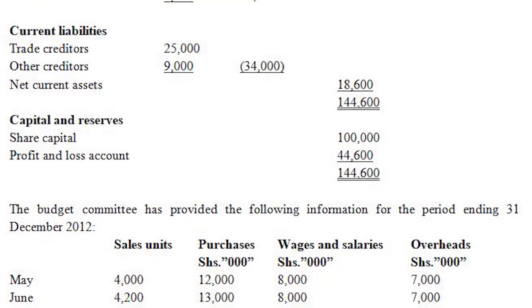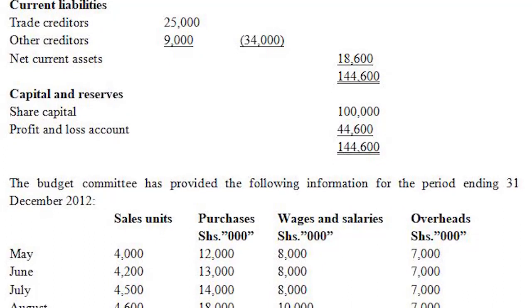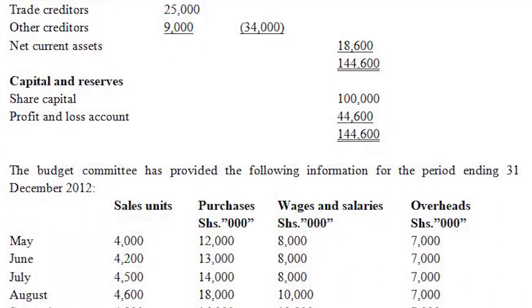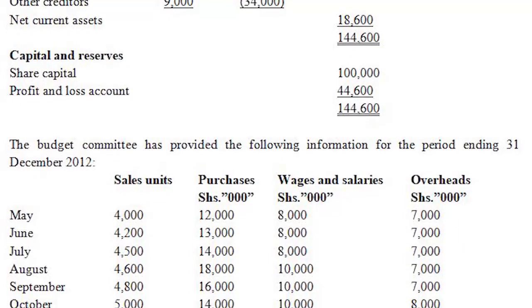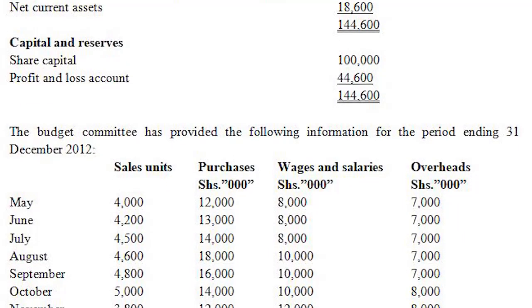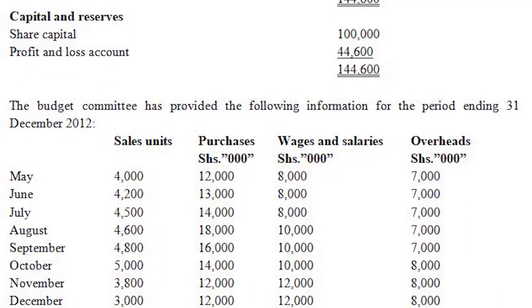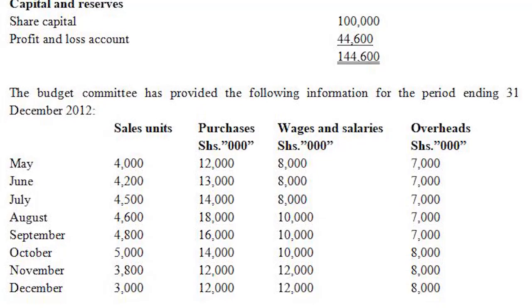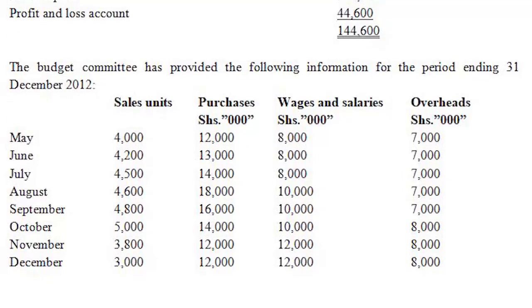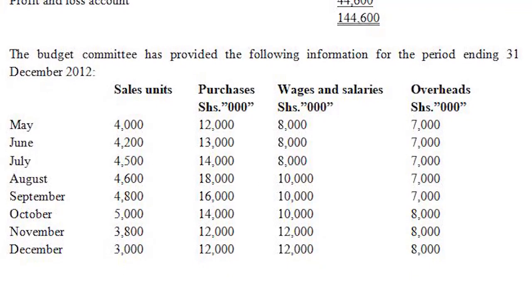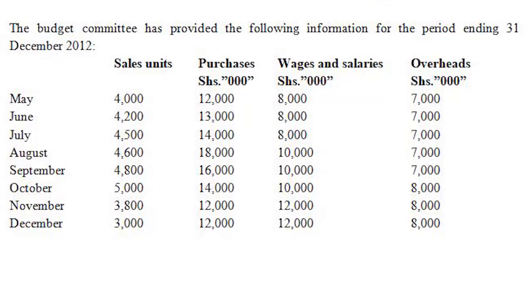The budget committee has provided the following information for the period ending 31st of December 2012. Sales units, purchases in shillings in thousands, wages and salaries in shillings in thousands, and overheads in shillings in thousands. May 4,000, 12,000, 8,000 and 7,000 respectively. June 4,200, 13,000, 8,000, 7,000. July 4,500, 14,000, 8,000, 7,000. August 4,600, 18,000, 10,000, 7,000.